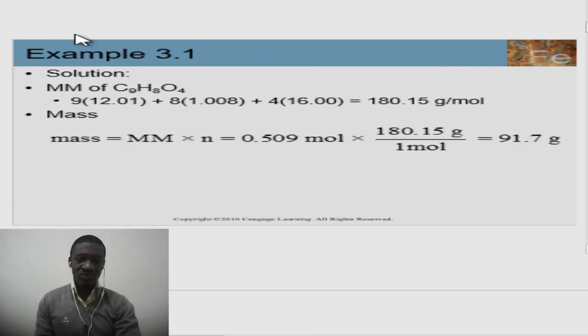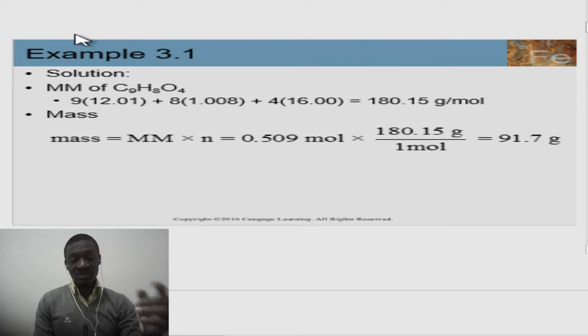First and foremost, you find the molar mass of the entire compound. 12 is gotten from the periodic table, which happens to be the mass of carbon. 1.008 is the mass of hydrogen, and 16.00 is the mass of oxygen. So all of those you multiply through.